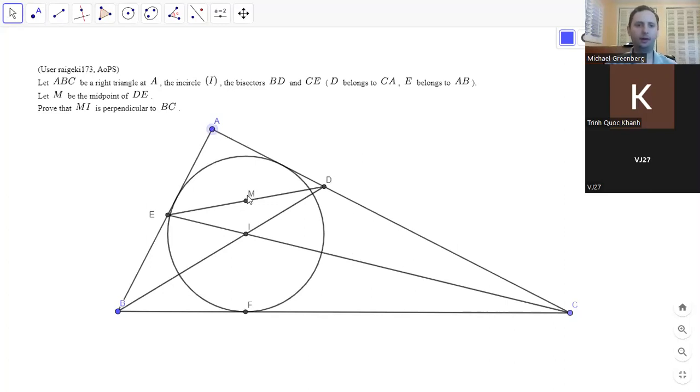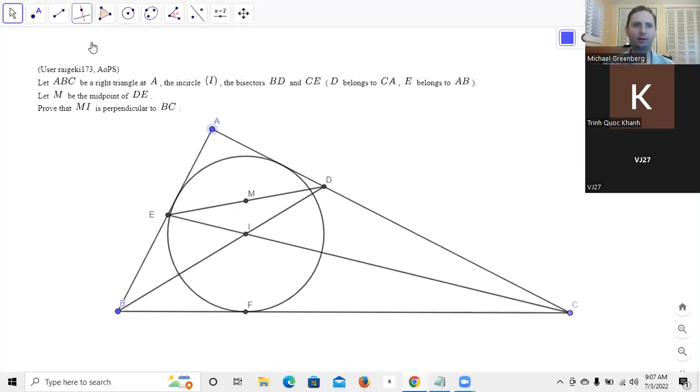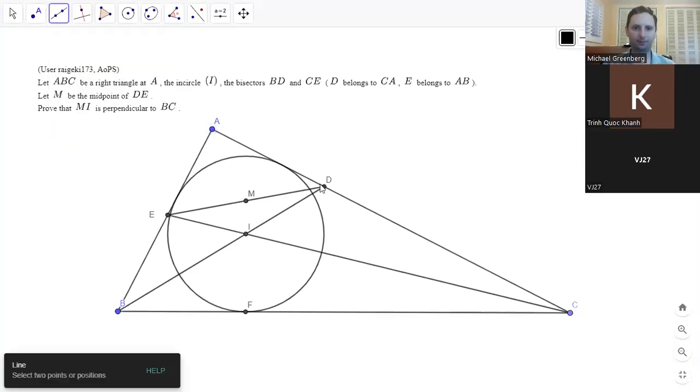We know MA equals ME equals MB because this is a right angle right here. If DE intersects BC at X, then we want IX to be parallel to DE. All right, so I'm going to draw that.